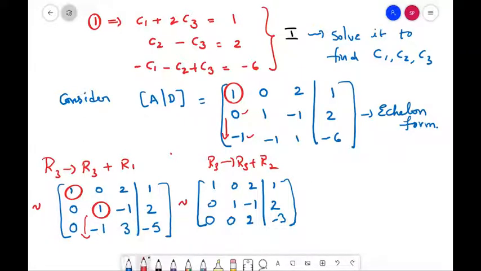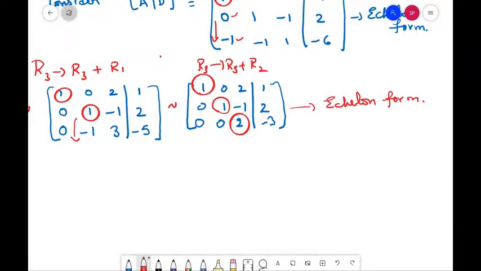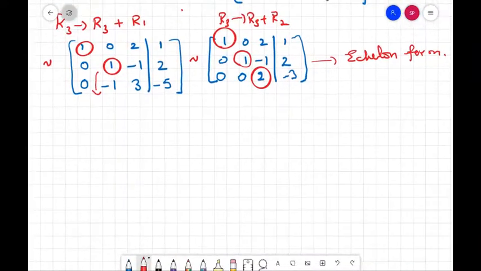So now this is pivot position, this is pivot position, and this is pivot position. So now this has come to the echelon form. Now our task is to find out these C1, C2, C3 values.